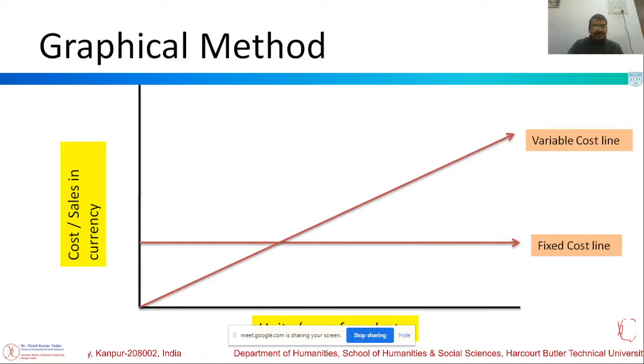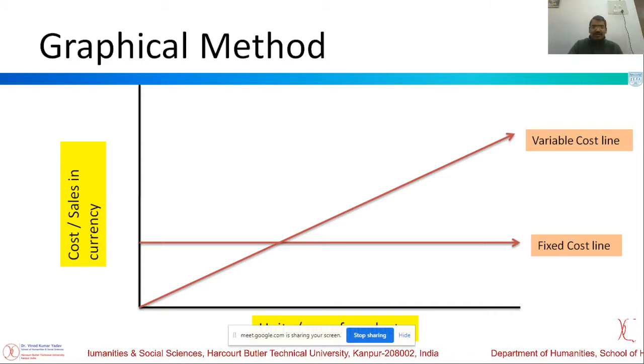Variable cost, which varies. So for 5 the cost is this, for 10 it increases, for 100 it increases. This slope depends on to what extent this variable cost is in direct proportion to the number of units.